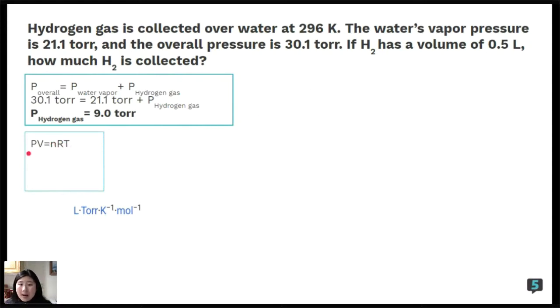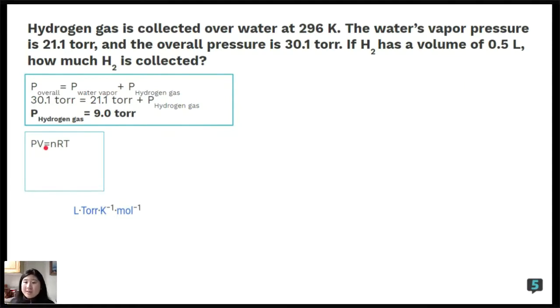All right. So the equation that we're going to be using is PV equals nRT. Again, this is the king equation. This is the equation that you are guaranteed to be using on the AP exam. It's so handy, you can plug it into basically any gas problem, and it will give you very valuable information.